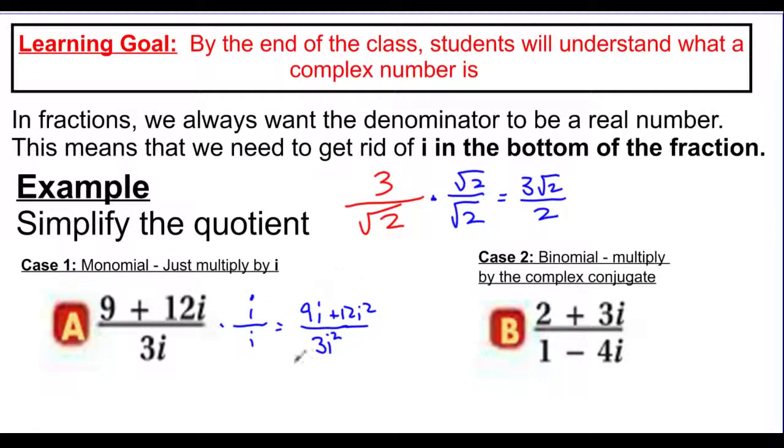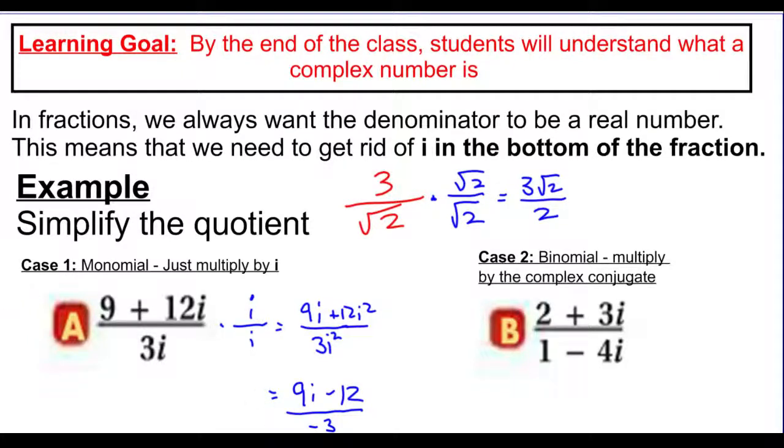So now I need to take this and simplify it. Remember, i squared is negative 1. We saw that in the cycles of i. We saw that when we multiplied, and we saw that when we were dealing with simplifying exponents. So I'm actually going to say 9i. This is really saying 12 times negative 1. Well, that would be minus 12. It's all over, well, 3 times negative 1 would be negative 3.